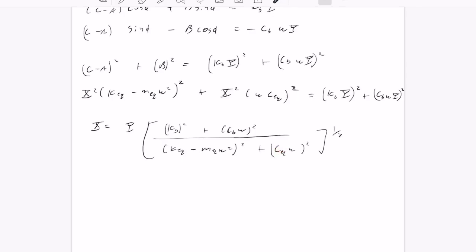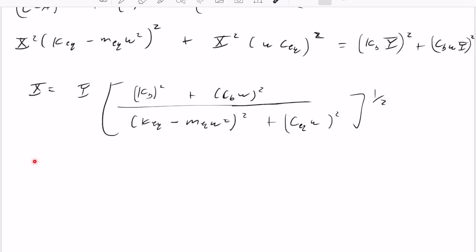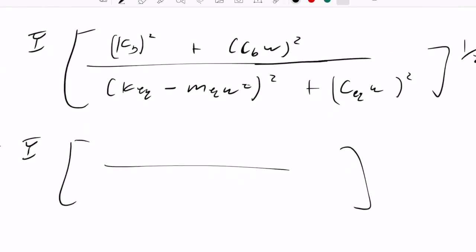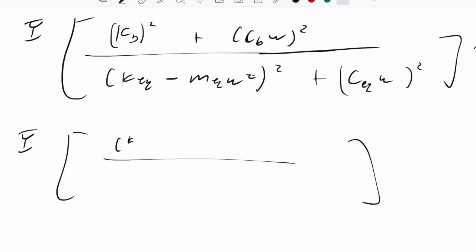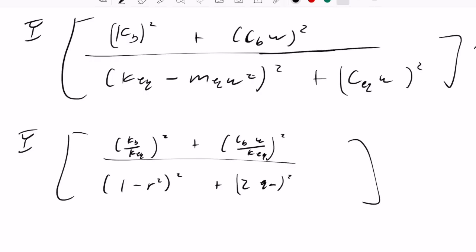Okay. So what's going to happen is if we go through and multiply by the same thing we always do, which is 1 over KEQ on both sides, I'm not going to write that out, and we multiply that through, what we end up with is KB over KEQ squared plus CB omega over KEQ squared, divided by 1 minus r squared plus 2 zeta r squared.